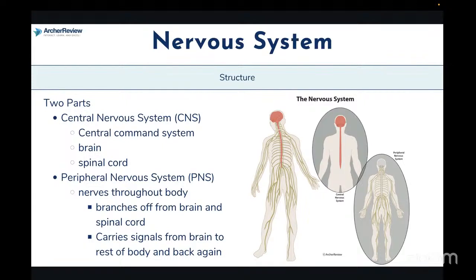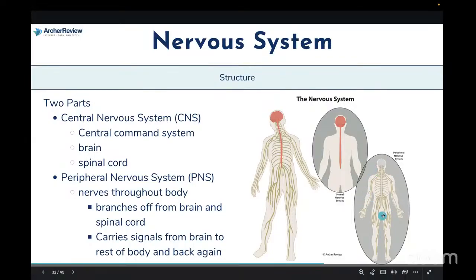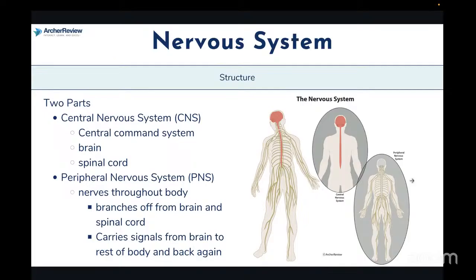But then it's communicating with the peripheral nervous system, known as the PNS, and that's this other visual here. You can see the peripheral nervous system is pretty much everything that surrounds the central nervous system. When I think of the term peripheral, I think most of us know that term when it's associated with vision, your peripheral vision.